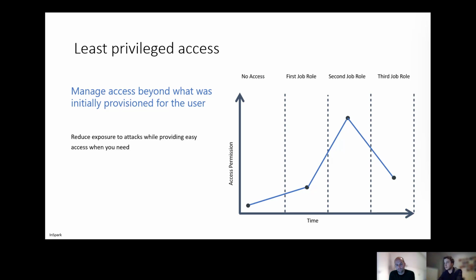You get some access in your first role. Maybe you make a promotion to the second role of the same department. Your access rights go up, and then you start doing something completely different. And then you can see, as in the image, the access rights are removed again by making sure you just have the access that is actually needed at that point in time.